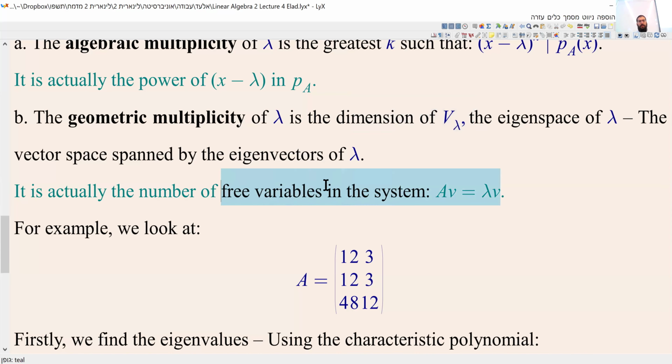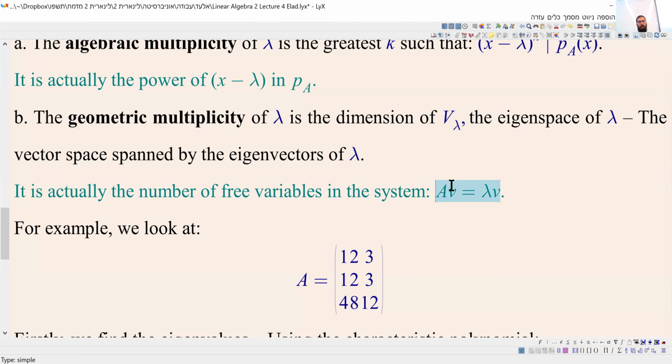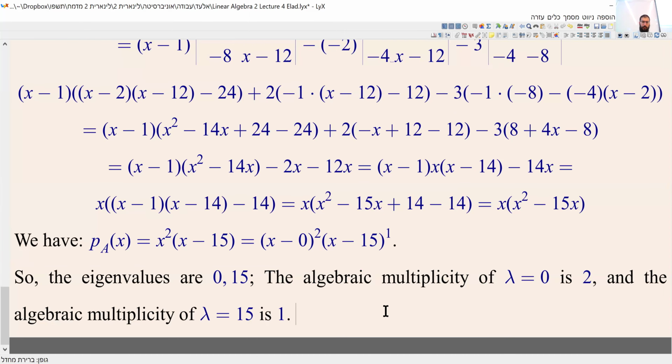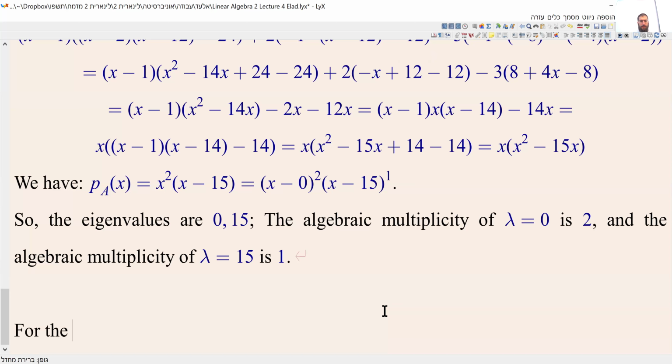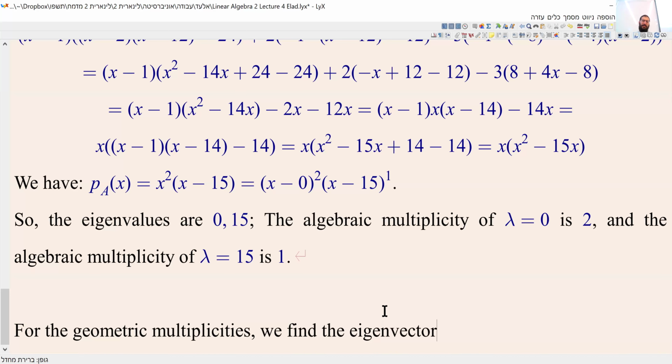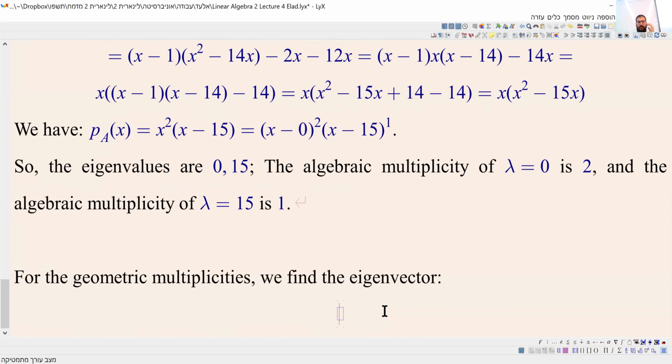Basically, how many free variables there are in the system AV equals lambda V. So for the geometric multiplicities of each eigenvalue, we find the eigenvectors, or we don't have to find them, just to see how many free variables there are in each system of equations.